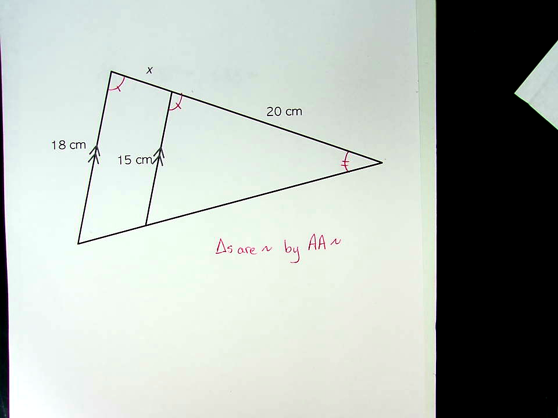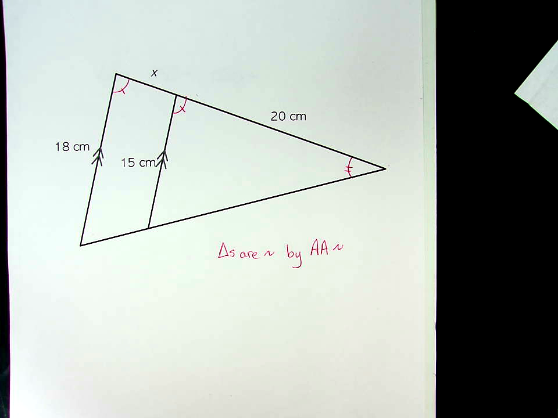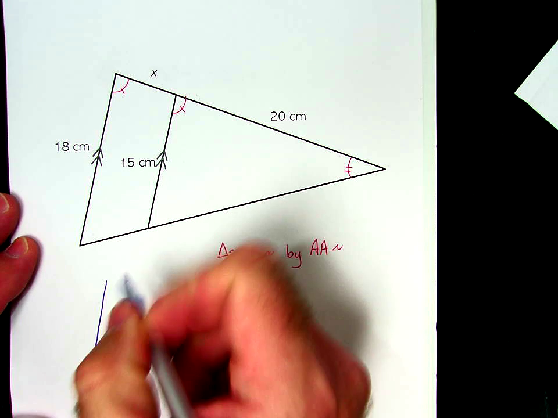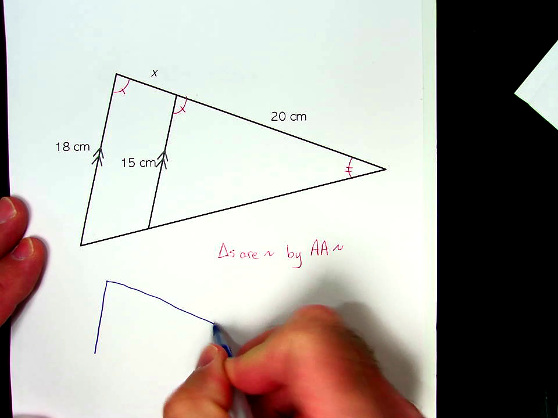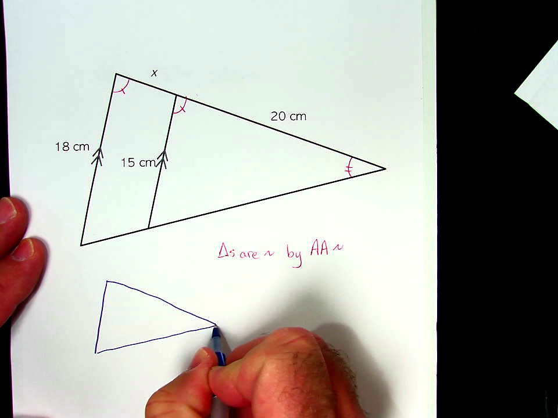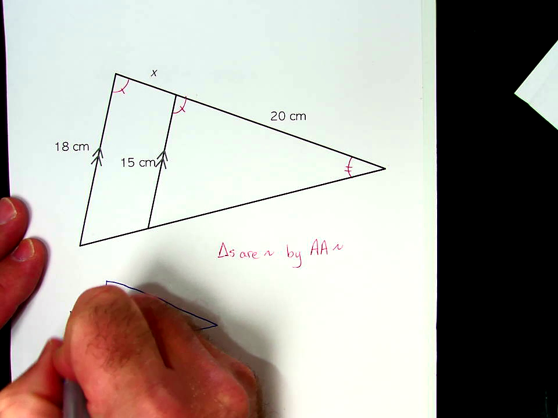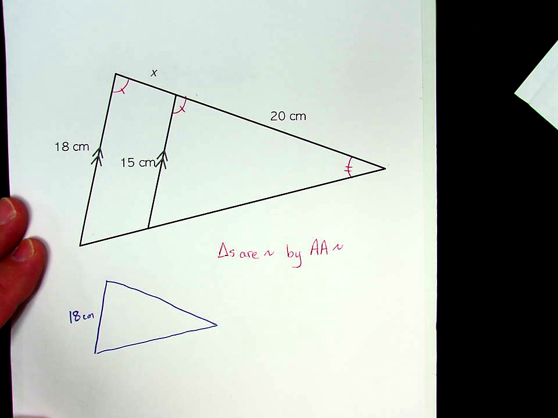Now, it's still kind of difficult to see what's going on there, so I'm going to pull those two triangles apart so I can look at what corresponding side lengths we'd have and so on. So if I look at the larger triangle, and I'm just going to produce a smaller version of that, I know that this distance is 18 centimeters.